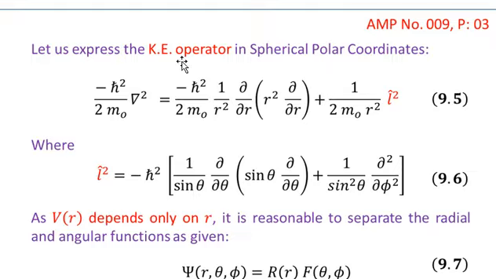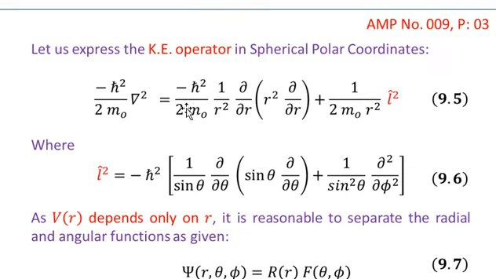Let us express the kinetic energy operator in spherical polar coordinates. On the left hand side we have the kinetic energy operator, minus h bar square over 2 m naught times del square, where m naught is the mass of the electron, h bar is the reduced Planck's constant.